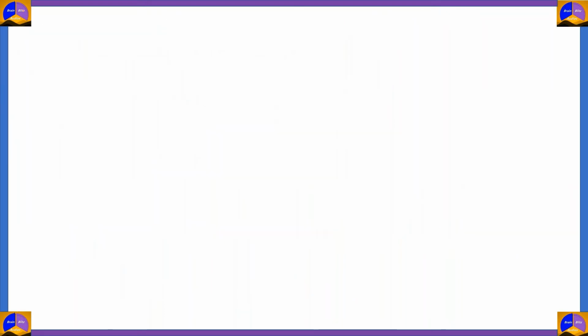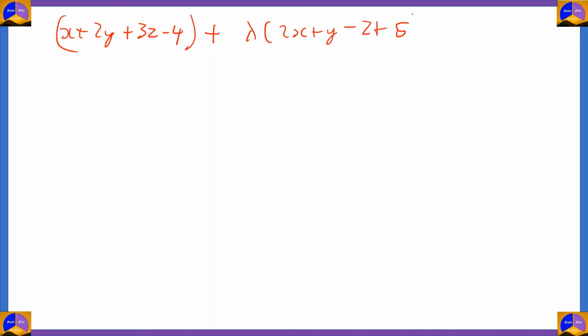Let's plug in the values. So it will be x plus 2y plus 3z minus 4 plus lambda times (2x plus y minus z plus 5) is equal to 0. Let's take this as our equation 1.